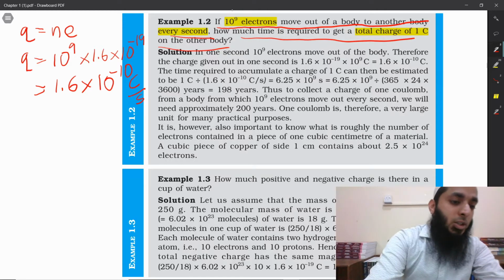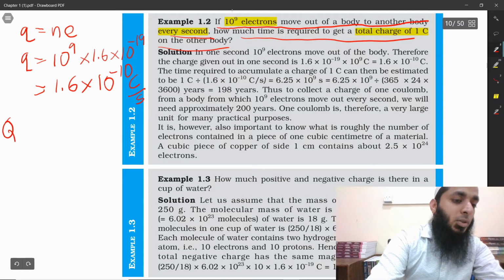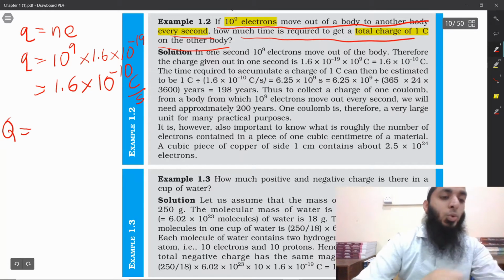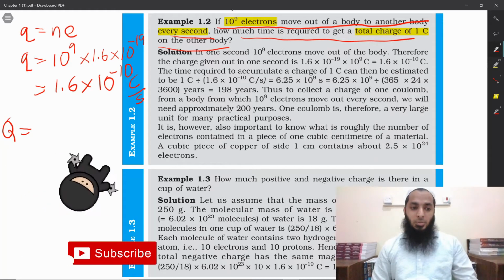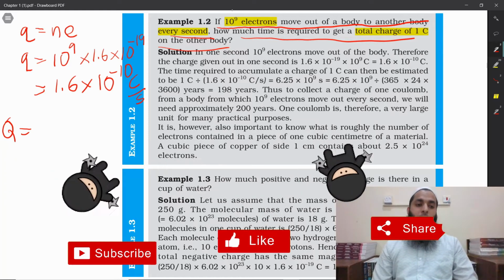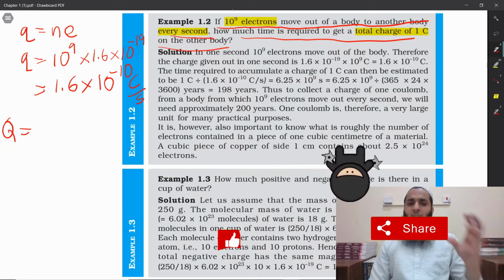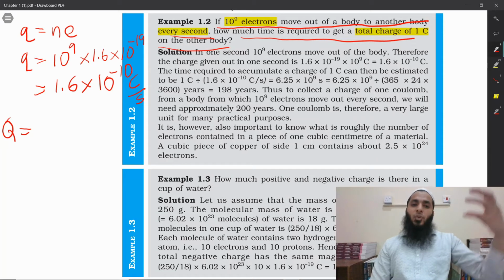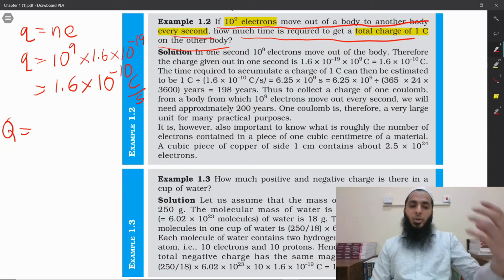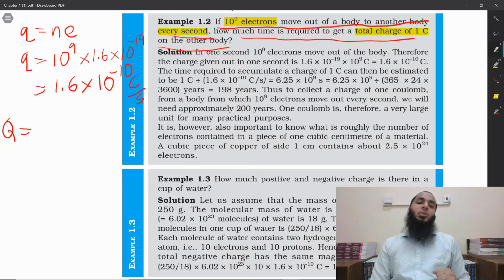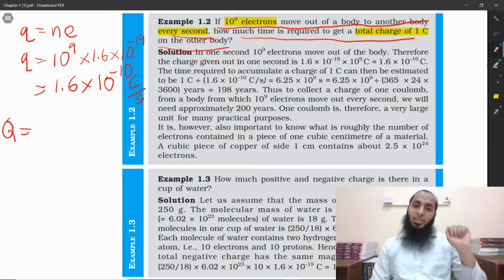Now if you want to find the total charge, which I am writing as capital Q, how will you find the equation for total charge? Take an example of one apple falling off a tree every second. Tell me how many apples would have fallen after 5 seconds.